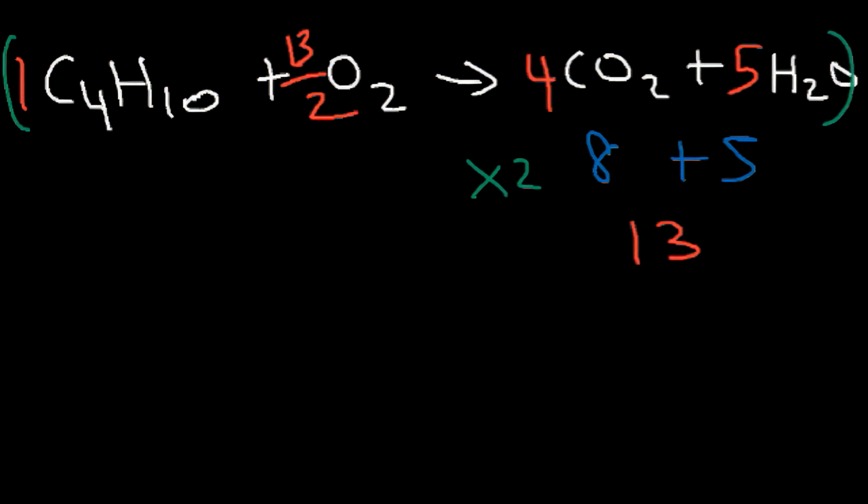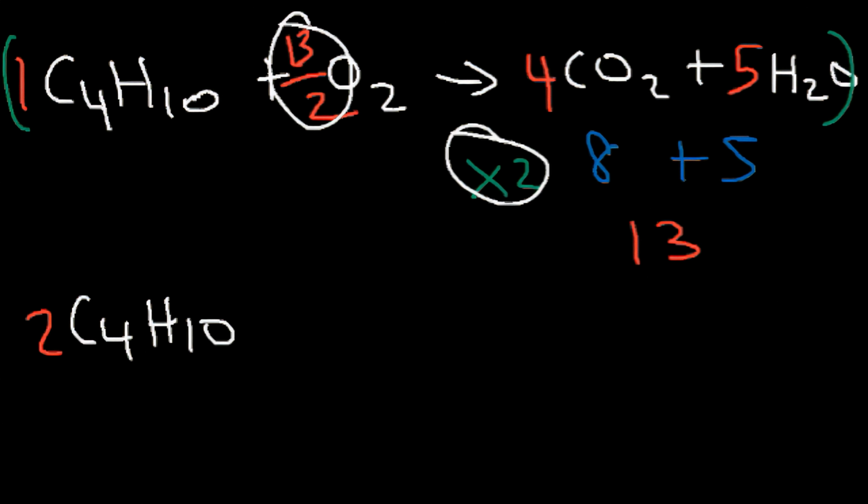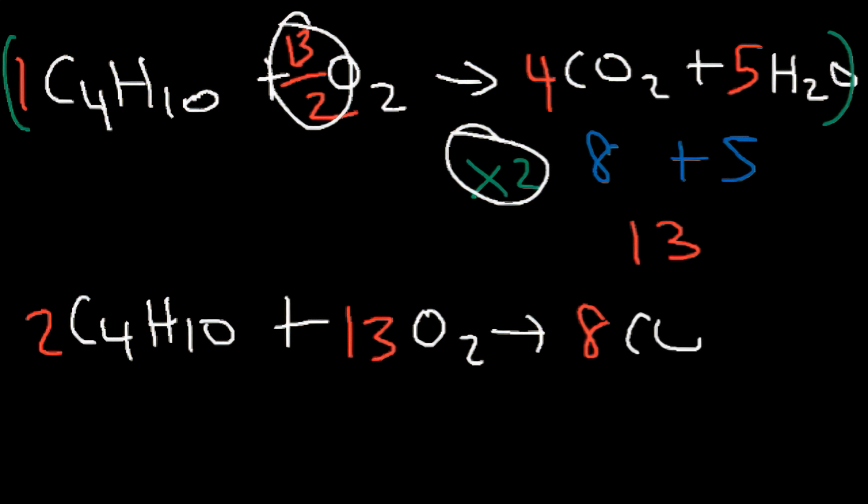So it's going to be 2 C4H10. Now 13 over 2 times 2, the 2s cancel and you're just going to get 13. So it's going to be 13 O2 and then 8 CO2 plus 10 H2O. So notice that the reaction is now balanced.